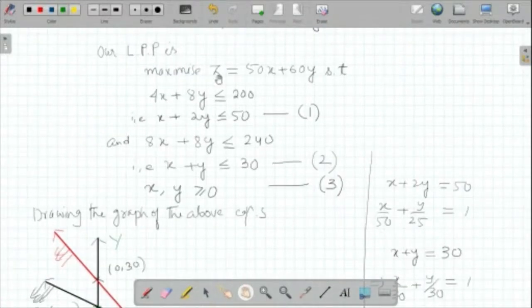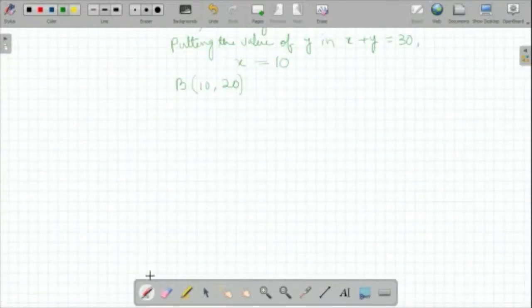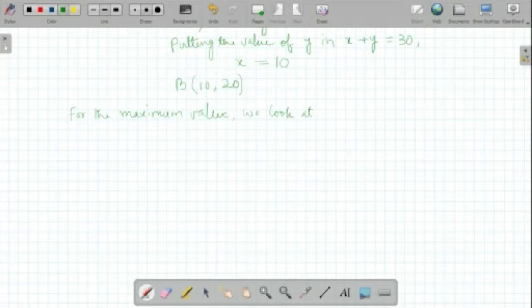Now let's find out the value of z, and let's rewind. What was our z? Maximize 50x plus 60y, right? For the maximum value we look at the corner points.